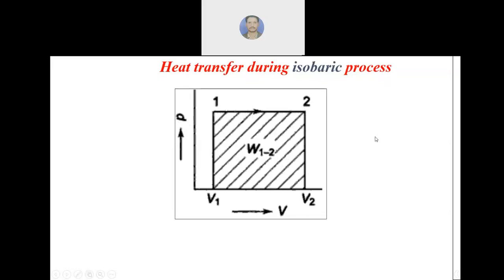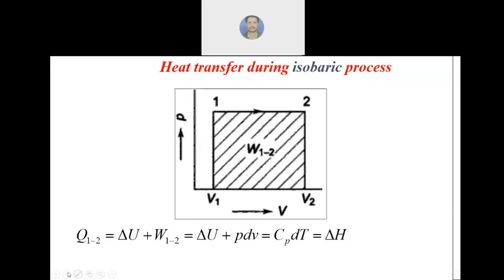Now, how to find the heat transfer? Again, write the first law of thermodynamics. Simple step. Then you proceed forward. Del U is del U and work done is represented by P dV.